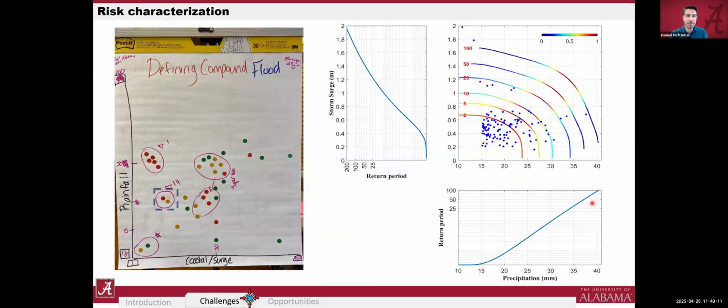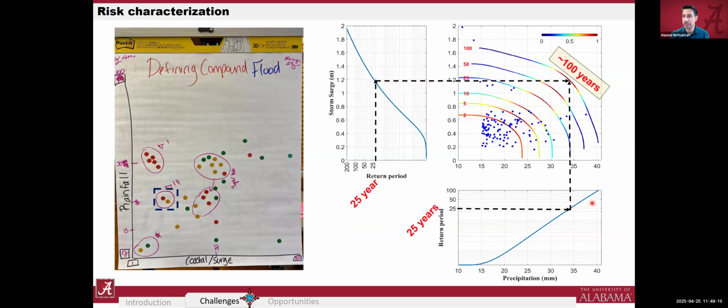Another example is a project through which we are engaging stakeholders in the Mobile Bay, Alabama area. We asked them what scenarios of interest they would have in terms of compound flooding. One very evident scenario for them was a 25-year precipitation and a 25-year storm surge. They thought it would very likely be the compound flood they are going to experience.